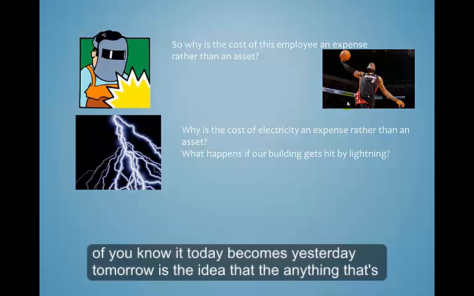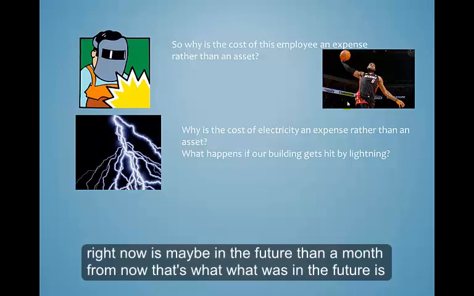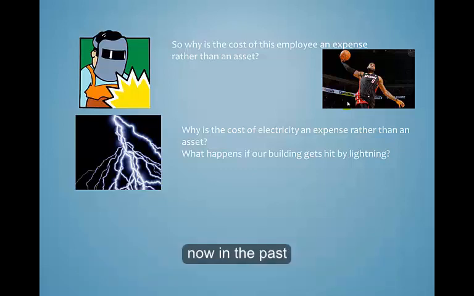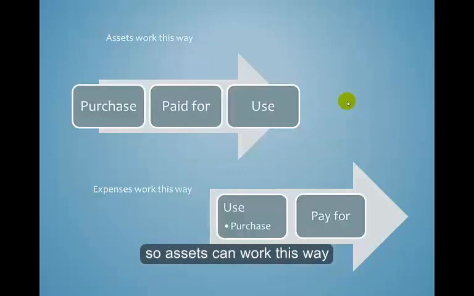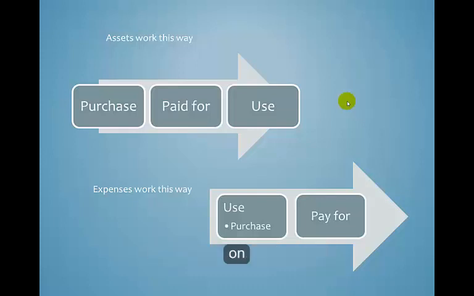Today becomes yesterday, tomorrow becomes today. The idea is that anything that right now is in the future, in a month from now, what was in the future is now in the past. So assets kind of work this way. You purchase and pay for the assets.